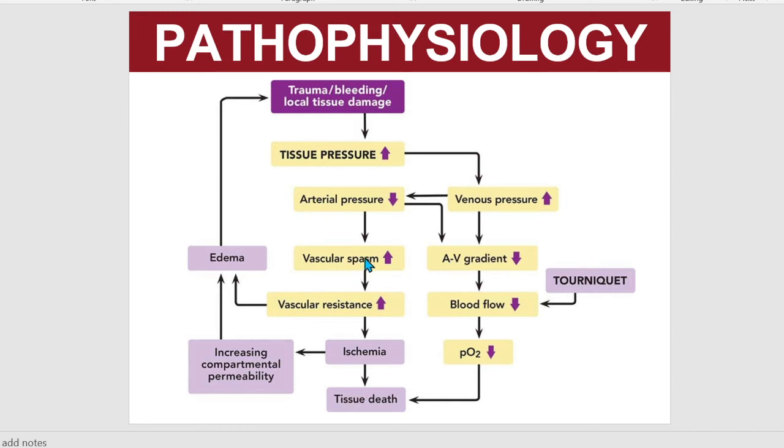So vascular spasm, ma-increase na siya kay wala na siya oxygen supply. So every gradient, blood flow. So dugangan pag i-apply tourniquet kay nag-trauma. So mao na iyang cycle. Magbalik-balik lang na siya kung dili nimo siya ma-applyan og, what you call it, fasciotomy especially on this portion no.